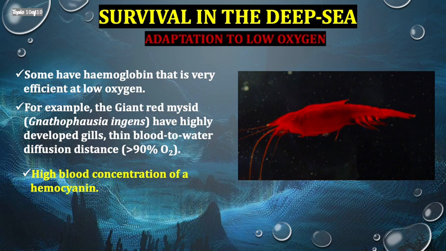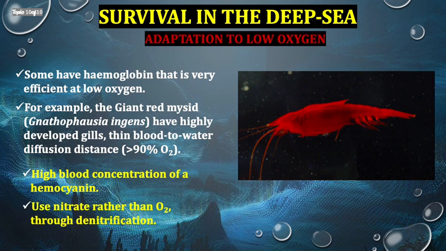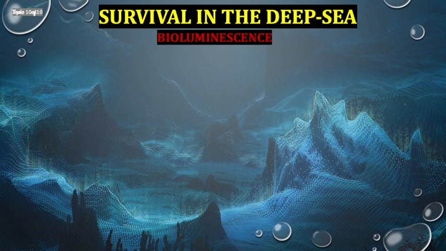Some also have hemocyanin in their body. Hemocyanin is a type of protein that binds very easily with oxygen. And also some use nitrate instead of oxygen through the process of denitrification.